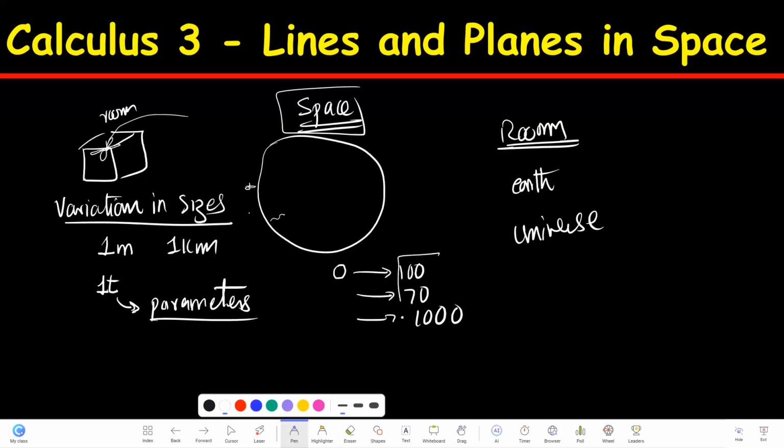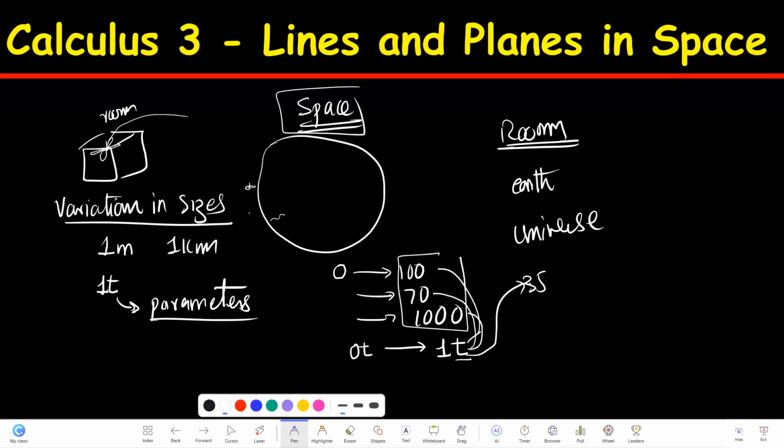So these keep changing, so the size variation is here. Rather than saying your assignment is based on this, I can say your assignment goes from 0t to 1t. Now this t could be anything. In this case t is 100, in this case t is 70, in this case t is 1,000. If you have a 35 points assignment, you take t as 35.